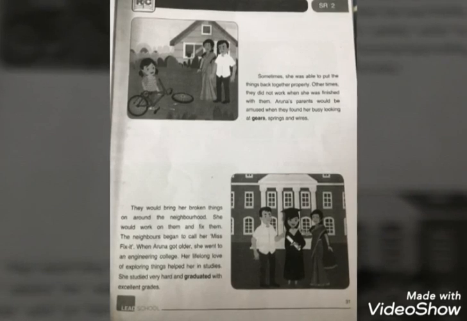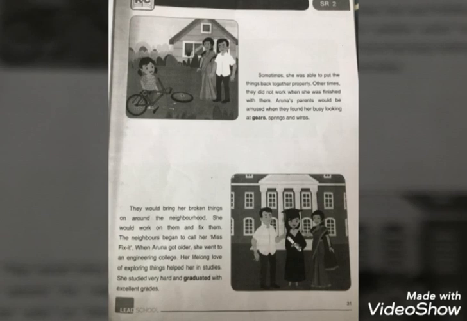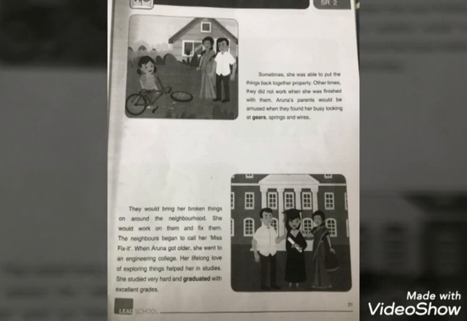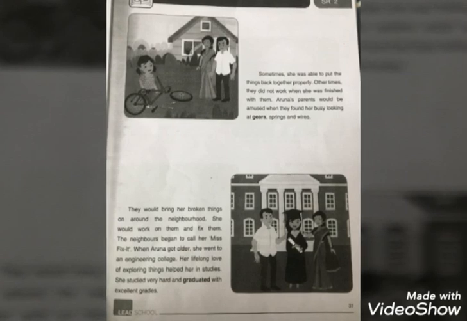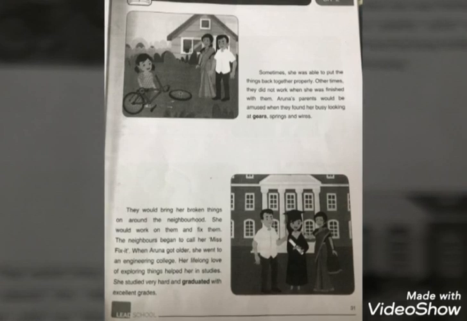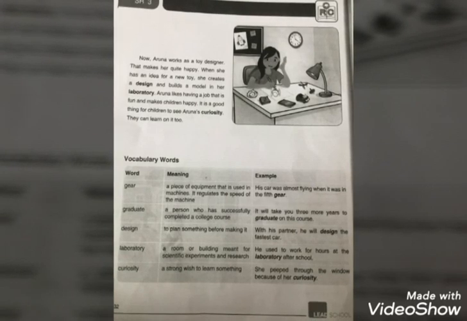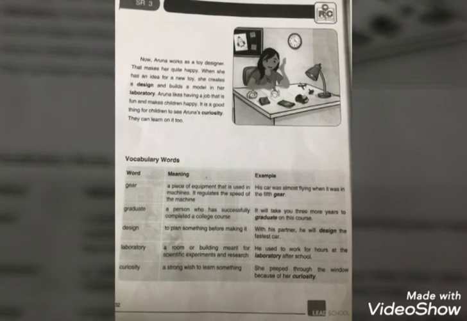This is all about a girl who wants to do something innovatively, how she is breaking things, and how she studied and graduated with excellent grades, which are given in the lesson clearly. The vocabulary words gear, graduate, design, laboratory, curiosity have been clearly explained with meaning and example on page number 32.